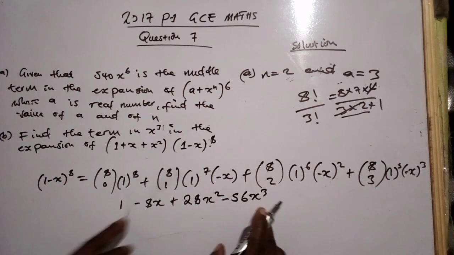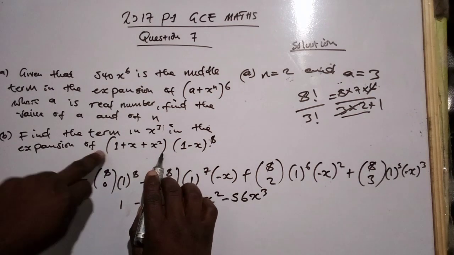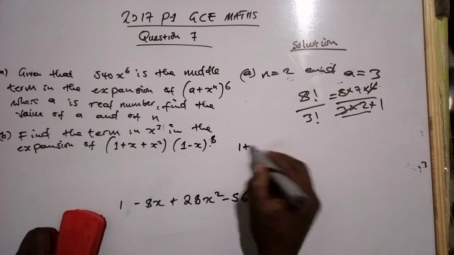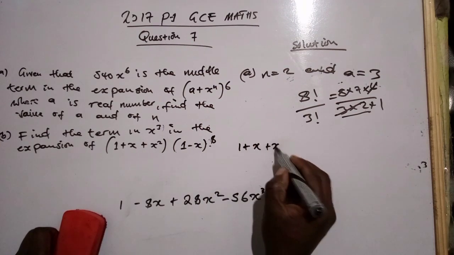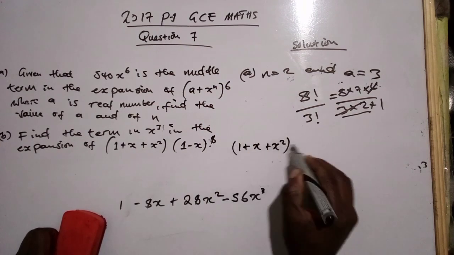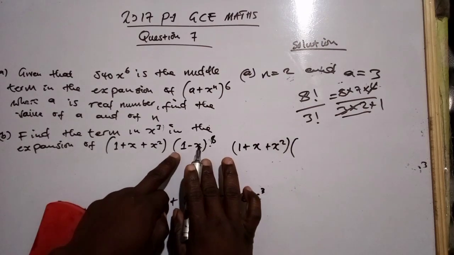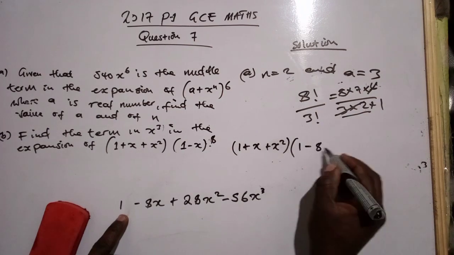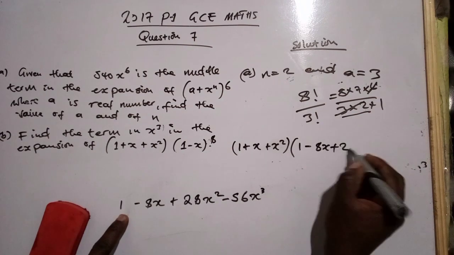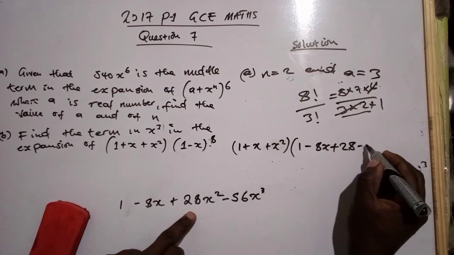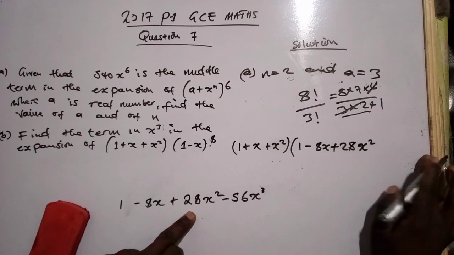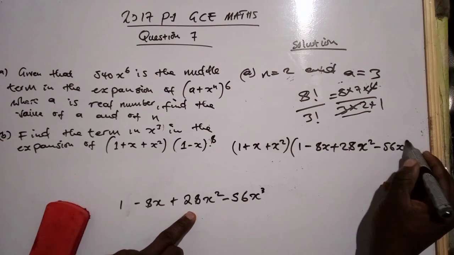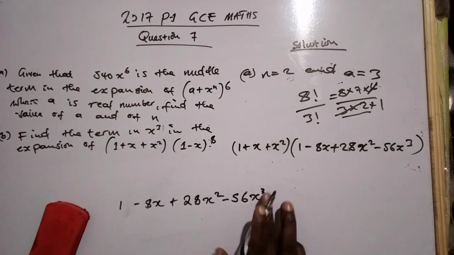So we're going to take this term and multiply it by the first function, the quadratic, which is 1 plus x plus x power 2 in the bracket. Then you open another bracket. The expansion of this one, we found, is 1 minus 8x plus 28x squared, then minus 56x cubed, right?